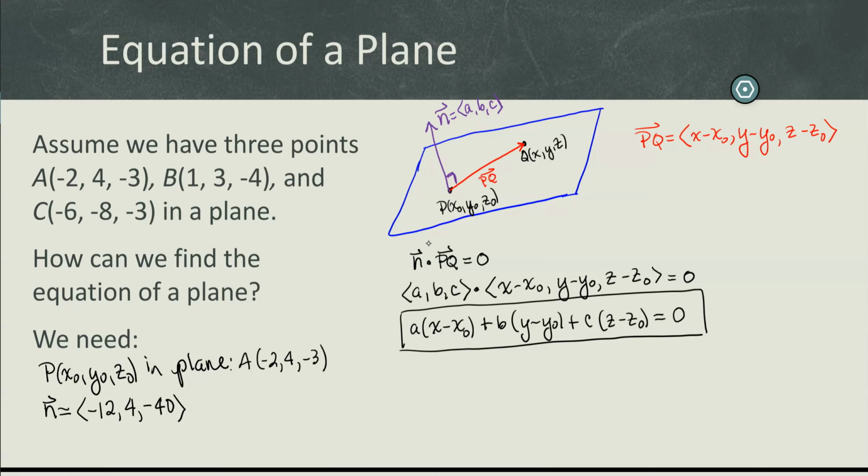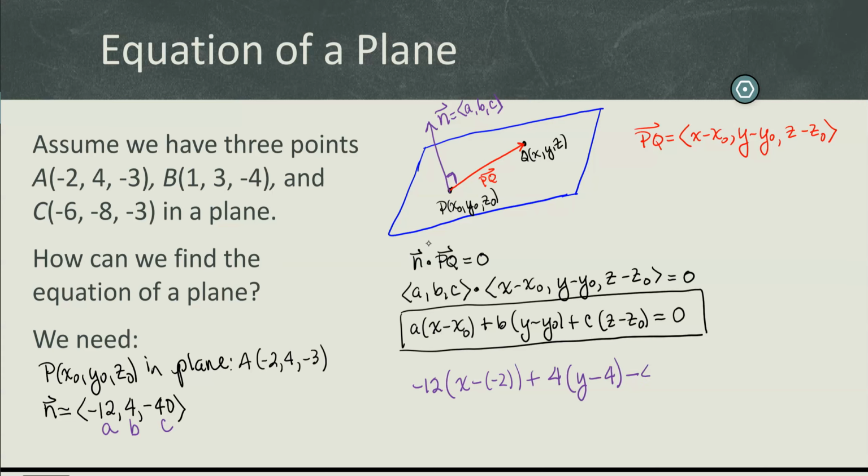Now, writing the equation of this particular plane, A is the first component of the normal vector, so I have -12 times x minus the x coordinate of my point, which is -2, plus B is the second component of our normal vector, the y component, that's a 4, times y minus the y component of my point, that is also 4, plus, now the third component of my normal vector, the z component, is -40.